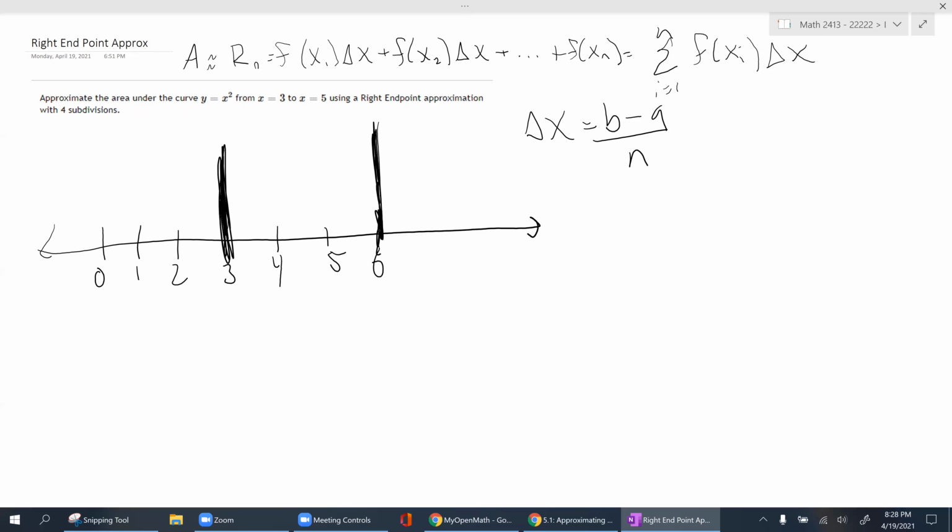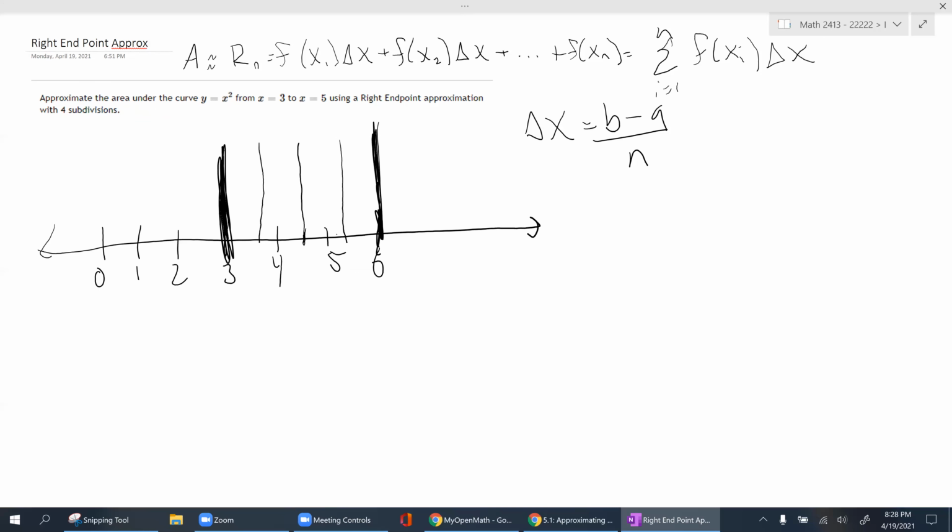So I need to know what is the distance. Guesstimating, the halfway point is going to be 4.5. And if I split each side again, that's going to give me the 4 subdivisions that I'm looking for.